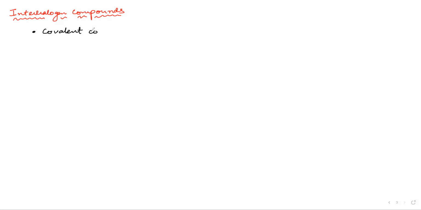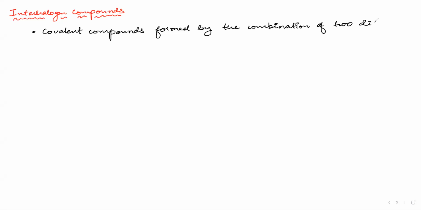These are covalent compounds formed by the combination of two different halogens.